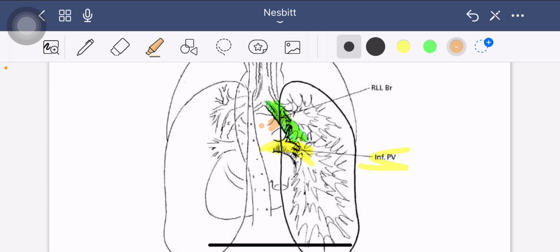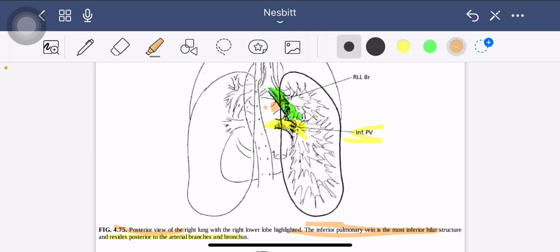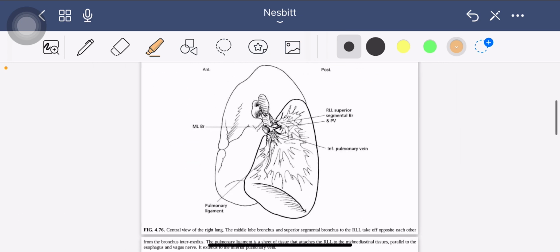So if we see from posteriorly, the vein is the most inferior, then the bronchus, and then the artery.